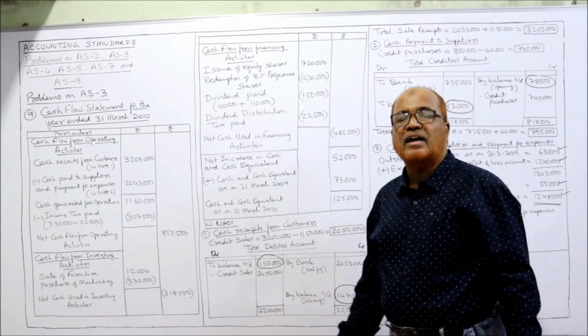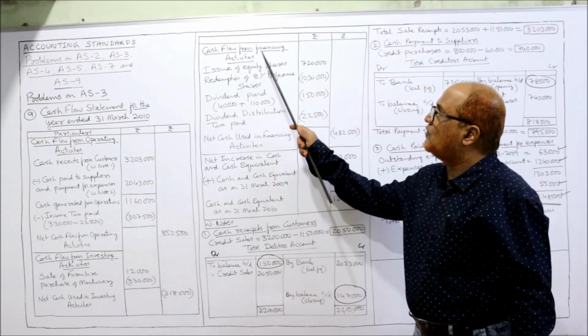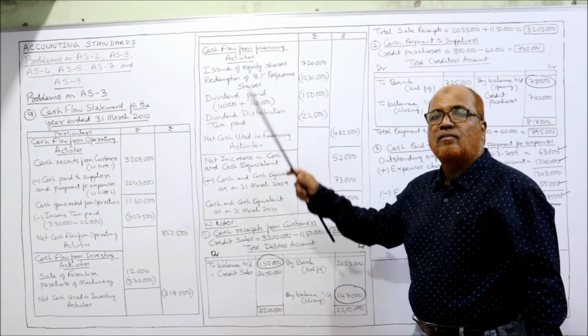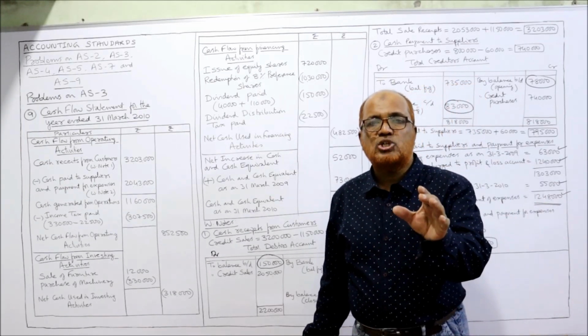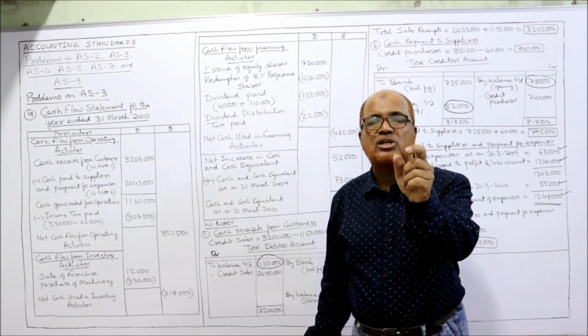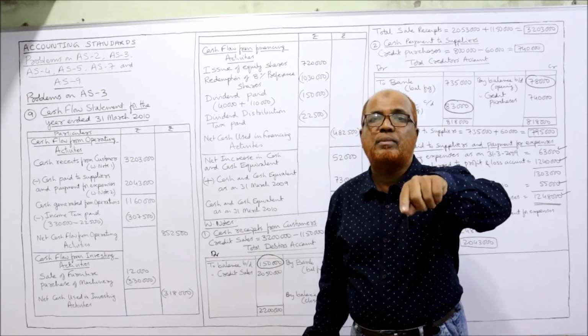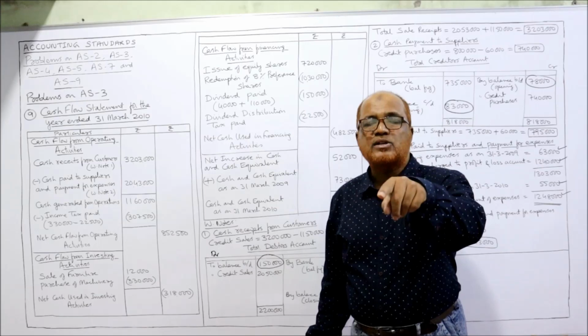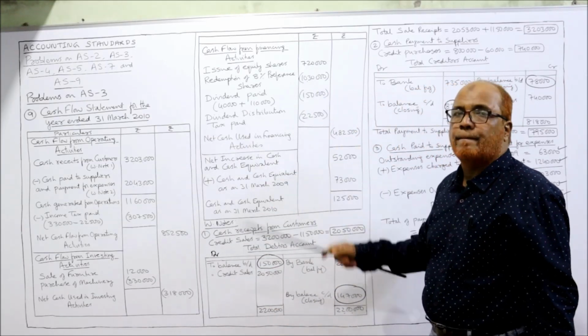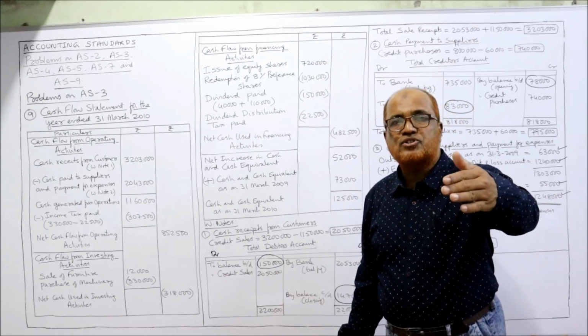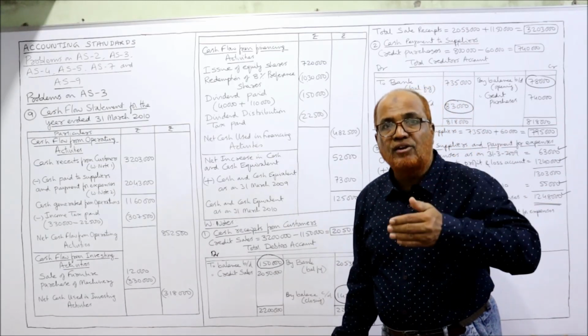Last one is financing activity. Cash flow from financing activity. Here we will take issue of equity shares. The company has issued 60,000 equity shares of 10 each at a premium of 2 rupees. So 10 plus 2, 12. 60,000 into 12, 7,20,000. When there is issue of shares, there is cash inflow.